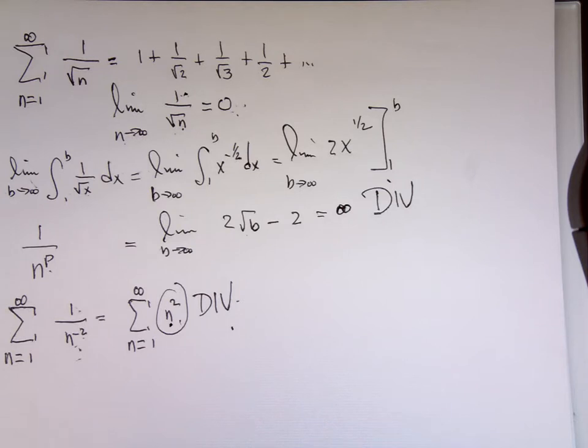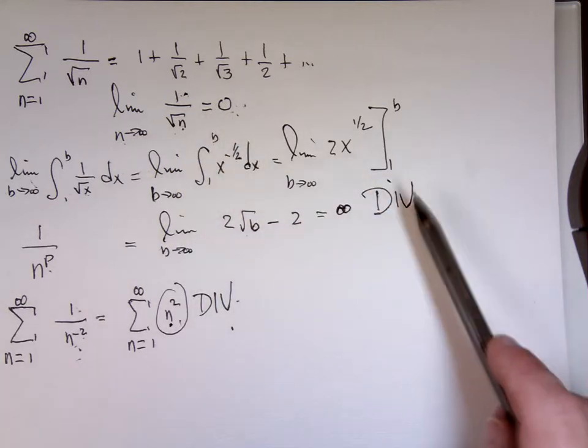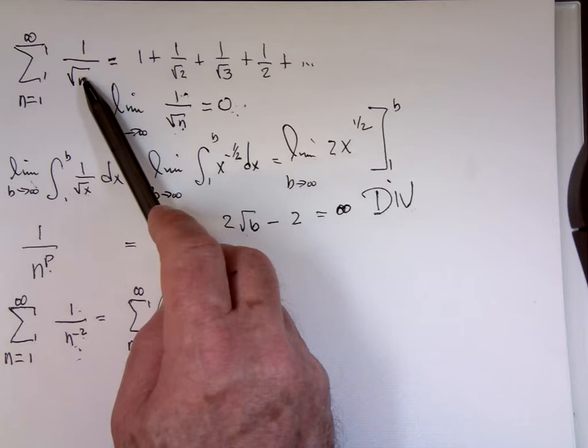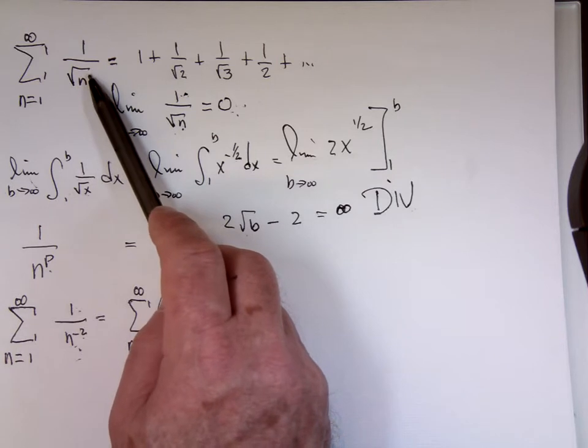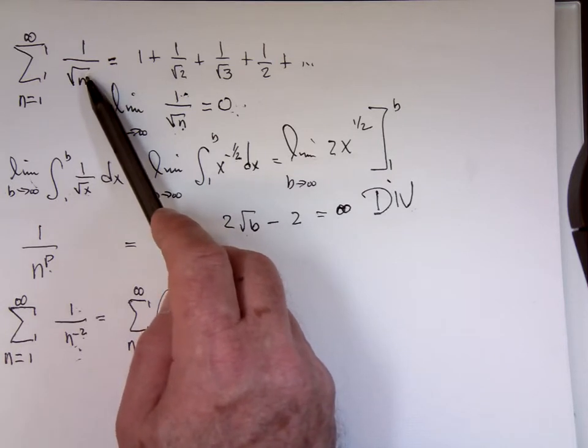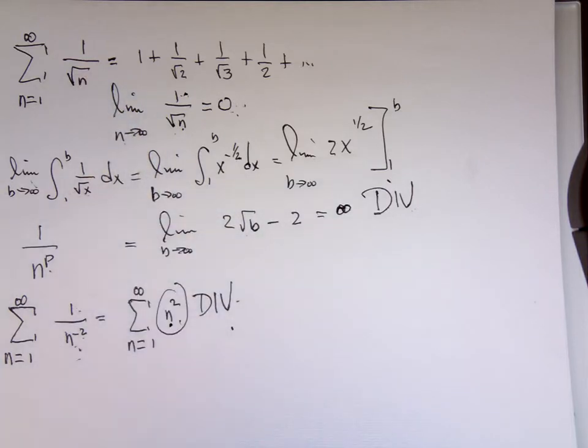Even though these terms are going to 0, they don't go to 0 quickly enough. That series will diverge. It's a P series where P is 1/2. Not good enough. In order to converge, the P has to be greater than 1. That'll cause those terms to go to 0 fast enough to cause it to converge.